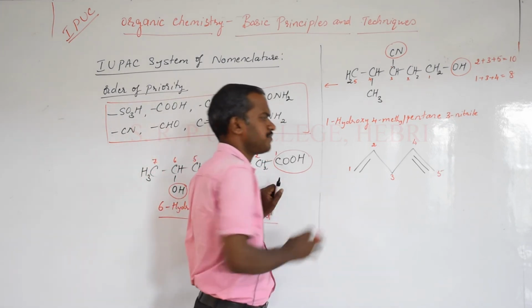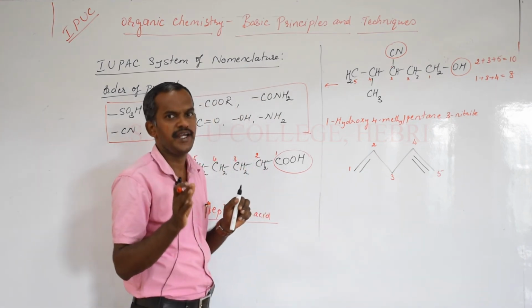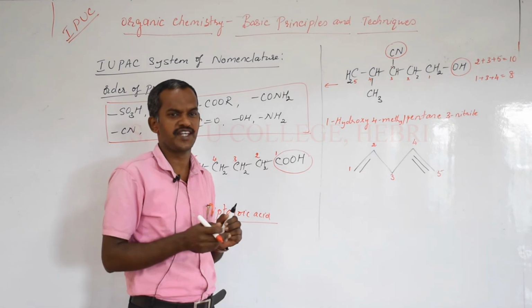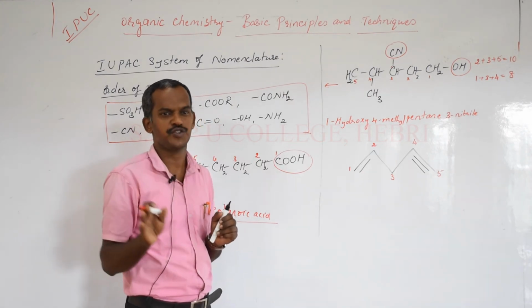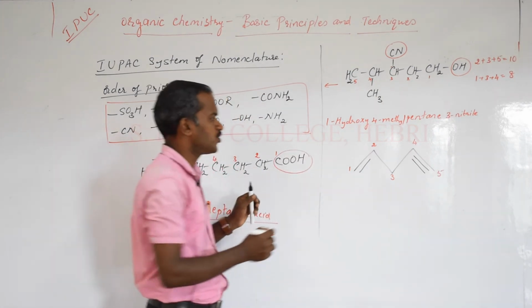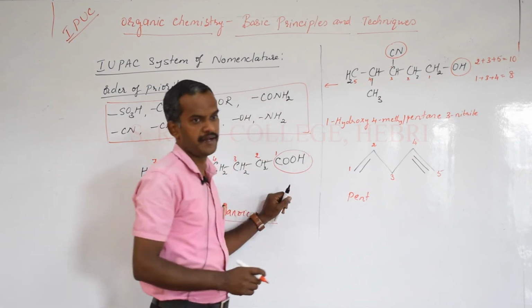There is no other substituent, that means there is no secondary prefix. The primary prefix is not there, it is not a cyclic structure, and the secondary prefix is not there; both of these are functional groups. So the name starts with pent because there are 5 carbon atoms.